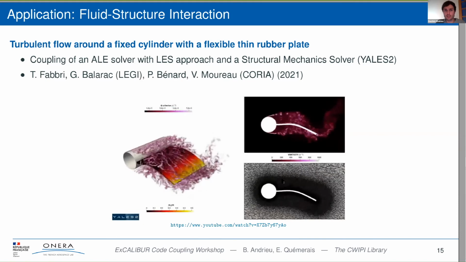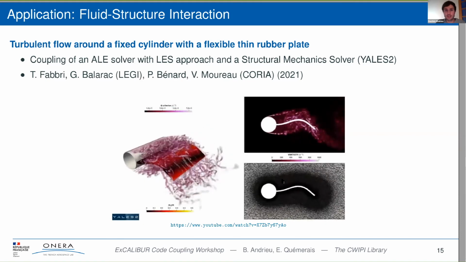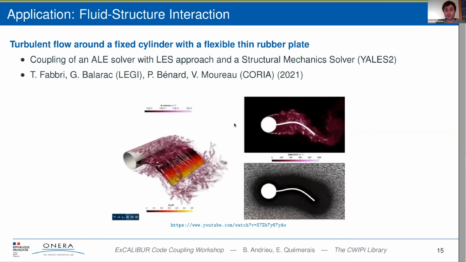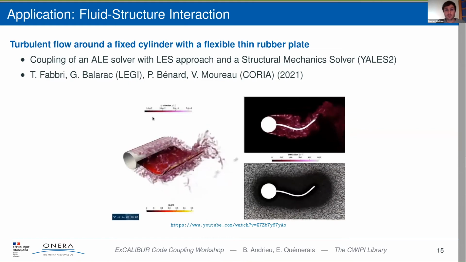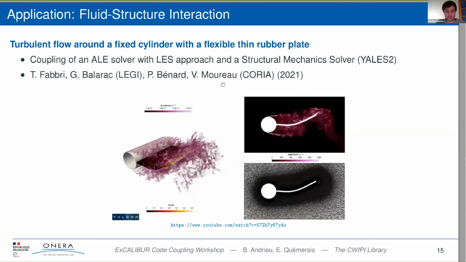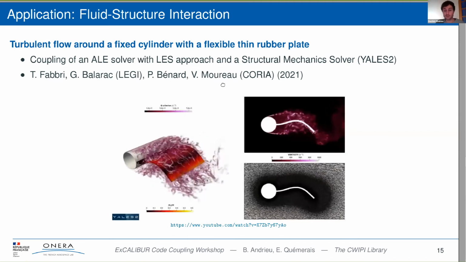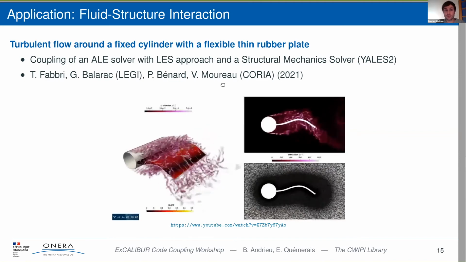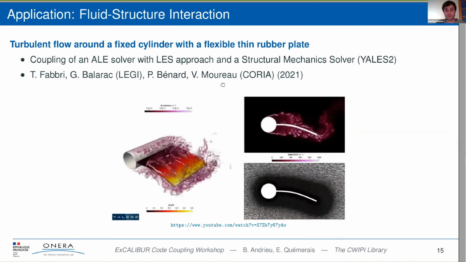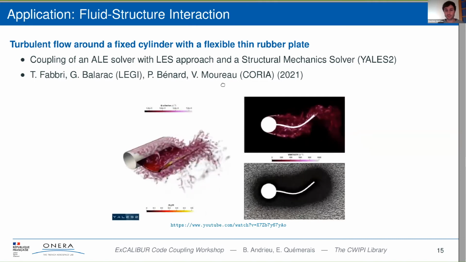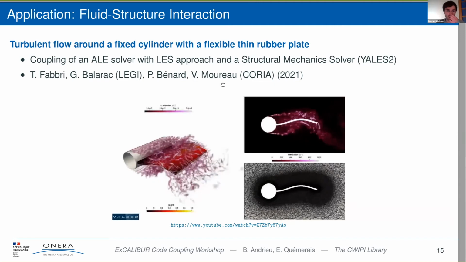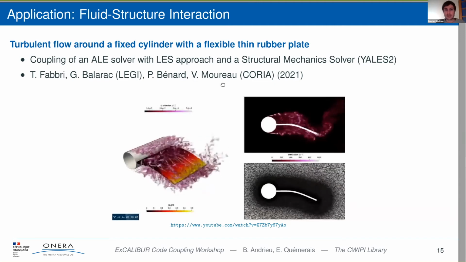They used the MMG library for mesh adaptation. And quite interestingly enough, the authors of this study did not contact us in any way, so they did manage to implement this coupling without any help from us. So it shows that, despite the lack of documentation, CWIPI must be quite easy to implement.